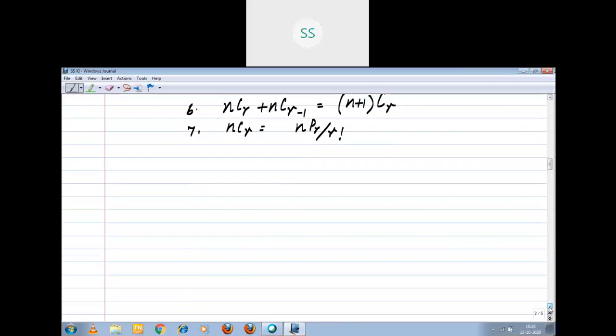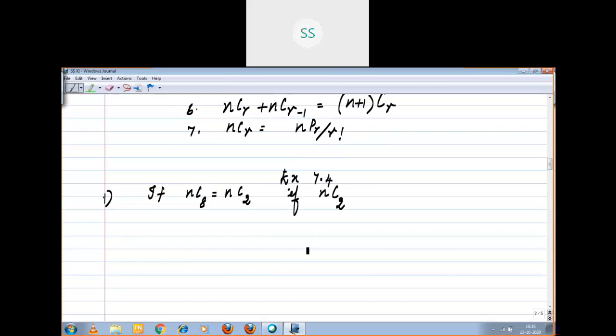Now I am going to move to exercise 7.4. Question number 1: if nC8 equals nC2, find nC2.